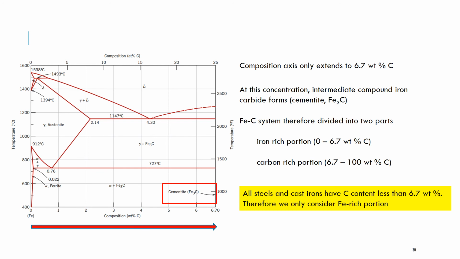This is the portion that we're interested in because all steels and cast irons have a carbon content that is less than 6.7 weight%. Above that, we're not interested in this for the moment. That's the carbon-rich portion that consists of 6.7 to 100 weight% carbon. So we're only going to consider the iron-rich portion. So that's the phase diagram that we need to be worrying about, the one in front of us.